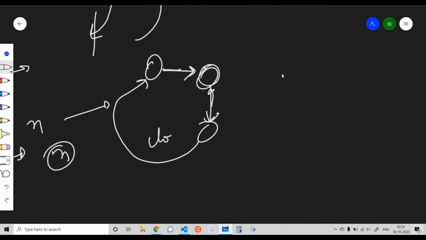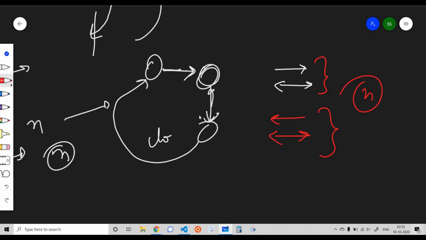So to check for the clockwise cycle, I am using this edge as well as this edge. And to check for the anti-clockwise cycle, I am checking this edge as well as this edge. Using these edges, if I am able to traverse the whole graph, then there is a cycle. In both cases, the answer would be N.